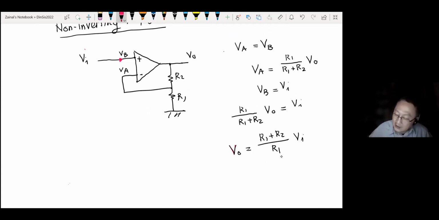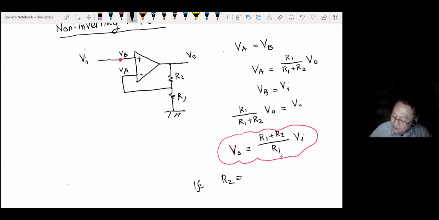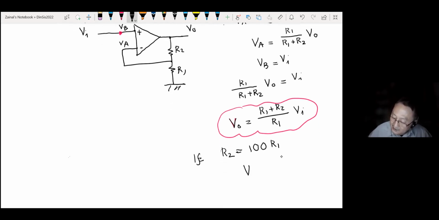This one is called non-inverting amplifier. For example, if you choose R2 equal to 100 times R1, then VO is equal to R1 plus 100 times R1 divided by R1 multiplied by VI.